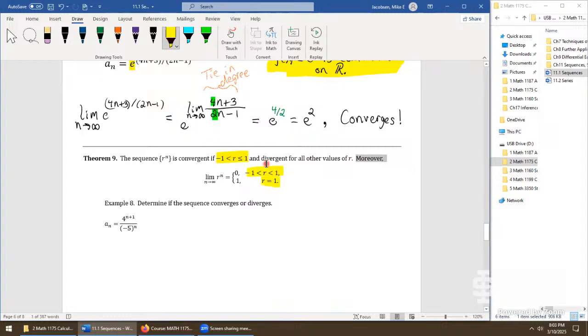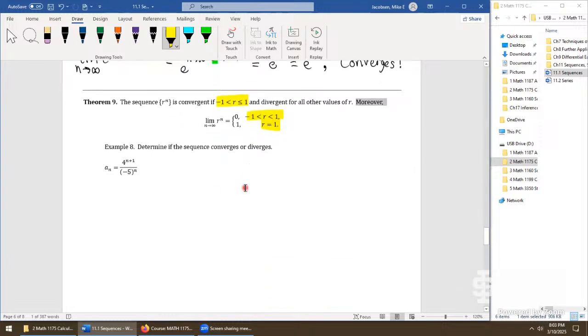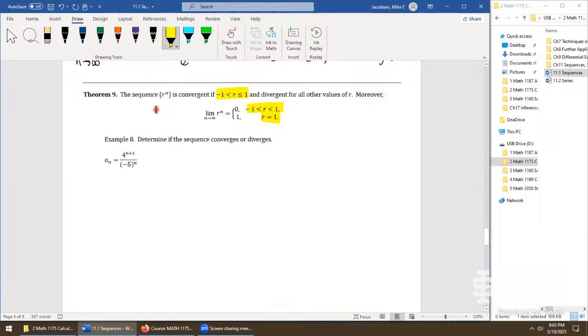If you're strictly between -1 and +1, it will converge to 0. But if it's exactly 1, well then 1 to any power is just 1. This is a sequence of just 1, 1, 1 forever. The limit should be 1 because there's no change at that point. So that's what's going on with this theorem.